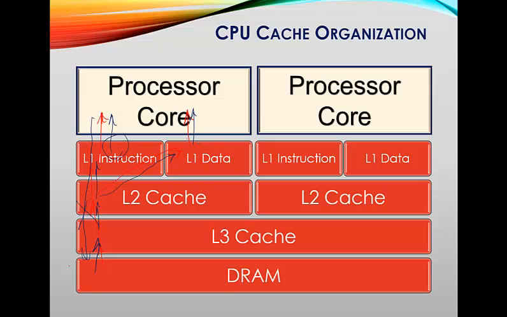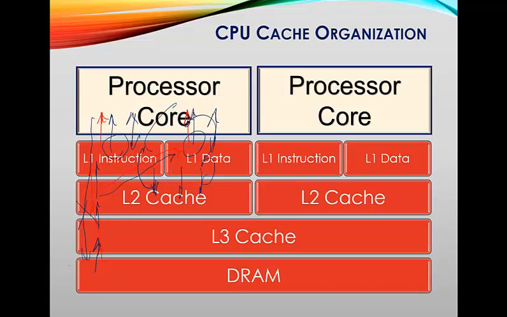So if the instruction or the data already exists in the level 1 instruction or data cache, your processor would access them very efficiently between level 1 data and level 1 instruction and the register bank of your core. If they don't exist in the level 1 cache, then your instructions are going to be looked up from the level 2 cache. And if they do exist there, then they're going to go up, populate the level 1 cache, and as a consequence be fetched into the register banks of your CPU.